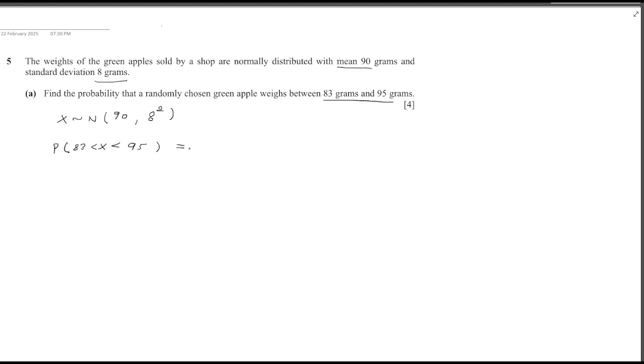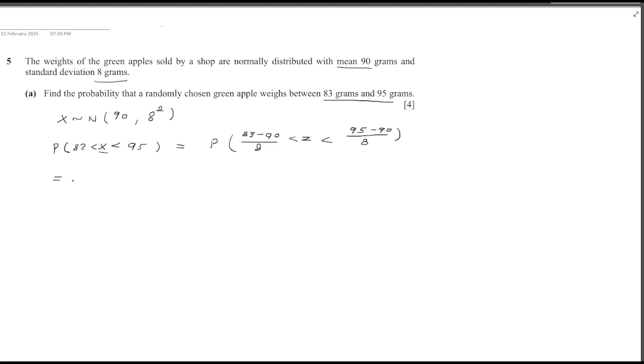Now this is equal to, I will convert my random variable x to z. Here I will say that my z will be more than 83 minus mean 90 divided by standard deviation 8, and it is less than 95 minus 90 divided by 8.